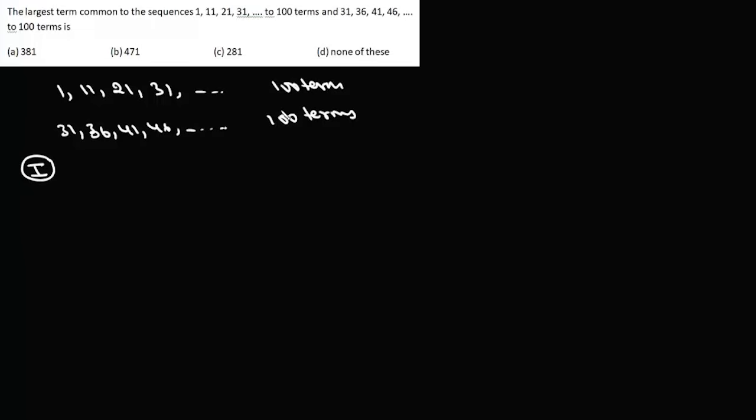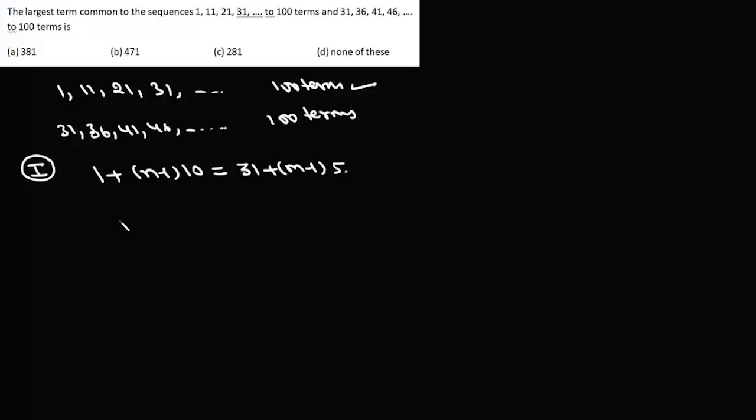we know that the general term for the first series can be written as 1 plus n minus 1 into d. So it will be 1 plus n minus 1 into 10, and we need common terms. So it will be equal to the general term of the second series, which is 31 plus m minus 1 into 5.